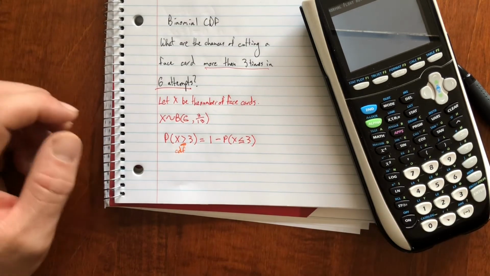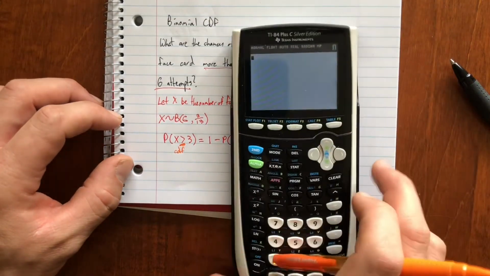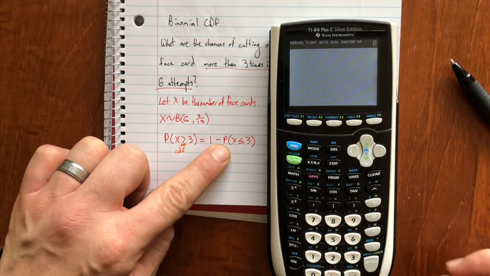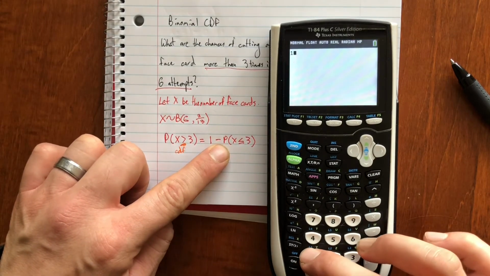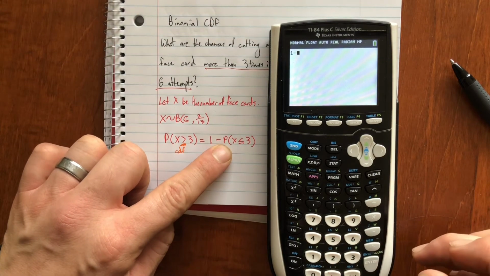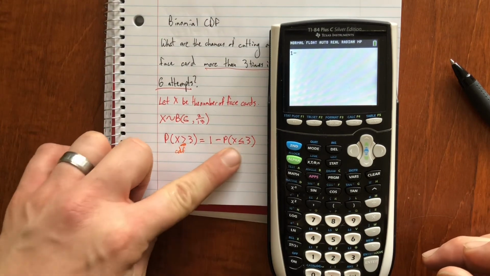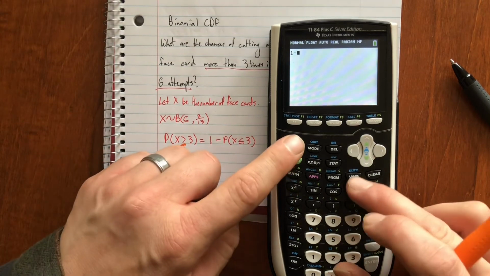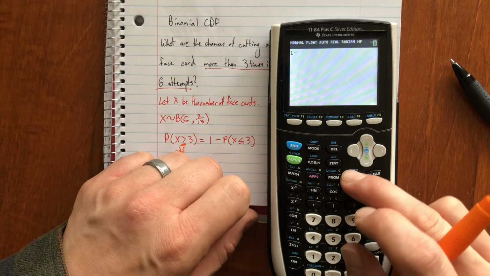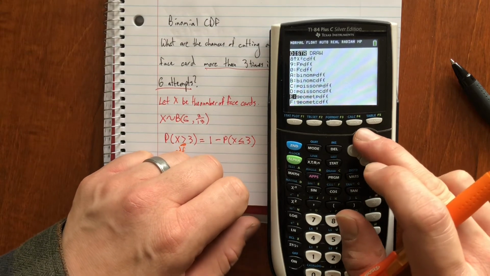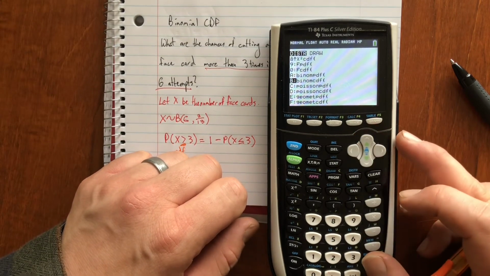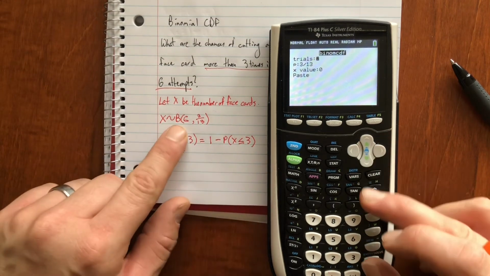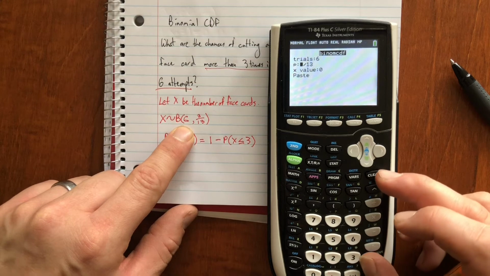Now that I have this, I'm going to start typing this out in my calculator. I'm going to start off by doing 1 minus. Then this part is found using the cumulative distribution function. So it's second function, vars, and it's a binomial experiment, so binomial CDF this time, not PDF, CDF. My number of trials is 6.